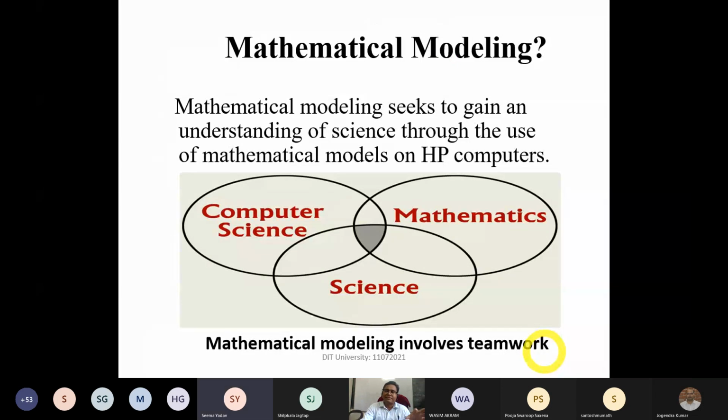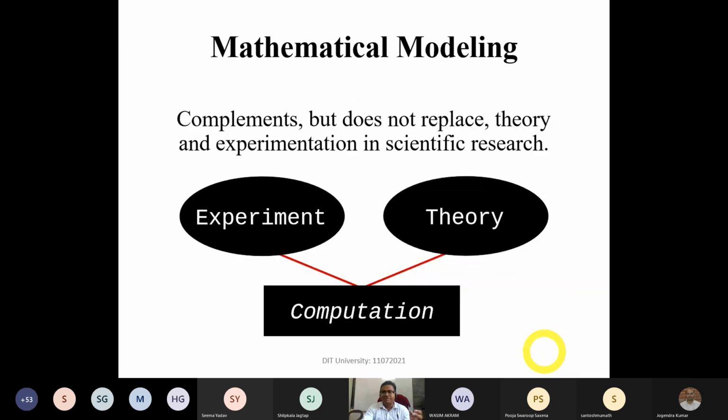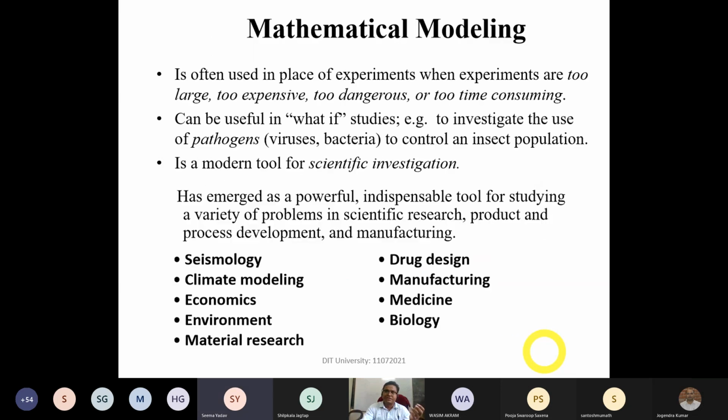Basically, mathematical modeling deals with three different branches of science: computer science, mathematics, and sciences. Science means everything: biology, biochemistry, biotechnology, and so on. And modeling deals with three things: experiment, theory, and computation. It might be possible that with the experiments you will use the theory, or you will develop a model, and with that model you will compute, and then computations will again verify the whole experiment, and then again you will have theory development and future predictions and so on.